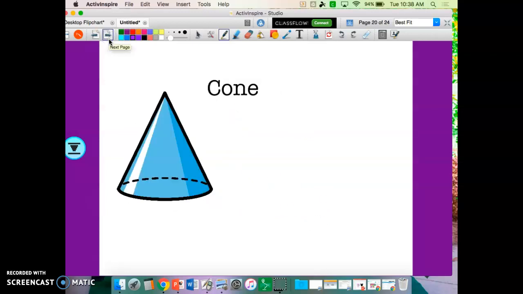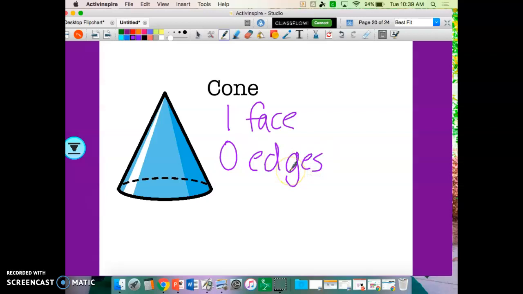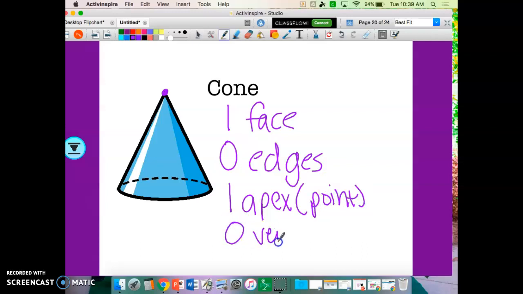My cone, it will have 1 face. It's got that 1 flat face there. Because it only has 1 face, it cannot have an edge, so it has 0 edges. And then while this looks like a vertex, that's actually what we will call an apex. So it's got an apex or a point. But it would have 0 vertices.